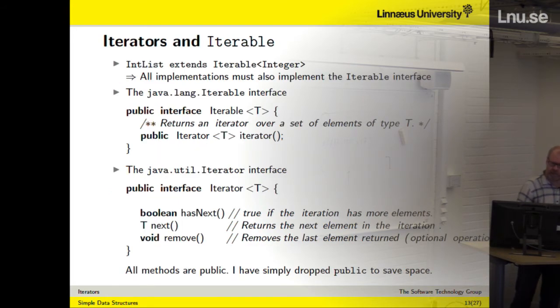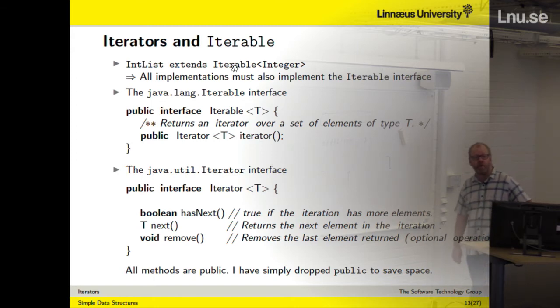Let's get back here. If you take a look at my example, when I defined the int_list interface, I was writing that int_list extends iterable. This is a name of an interface that's available in the Java library. So in order to implement the int_list interface, you must implement the methods that I was lining up, but you must also implement all these methods.